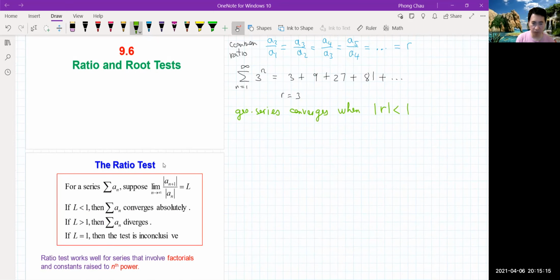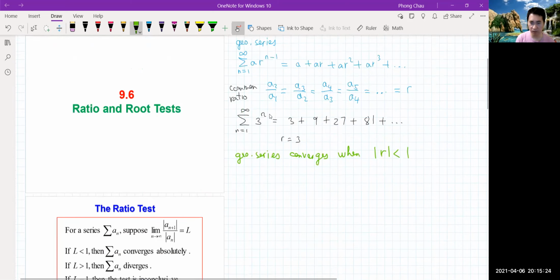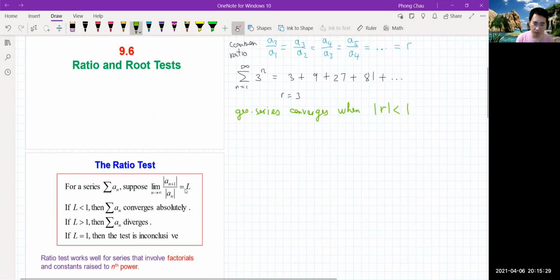Notice that I put the absolute value bars there, on the ratios, instead of at the end. So let's say the limit is L. Then if L is smaller than 1, the series converges. And because I put the absolute values in, basically testing the series with the absolute values of the terms, if it converges, then it converges absolutely.